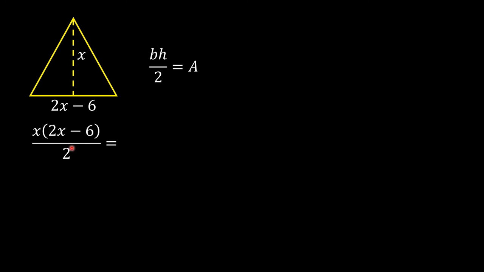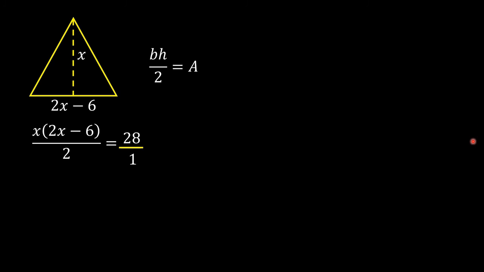So we have x times the quantity 2x minus 6 over 2 is equal to 28. This is the area of the triangle given in the problem. 28 can be written as 28 over 1.